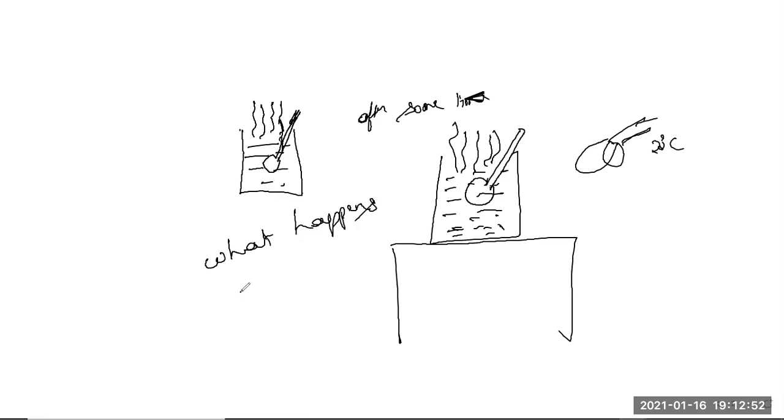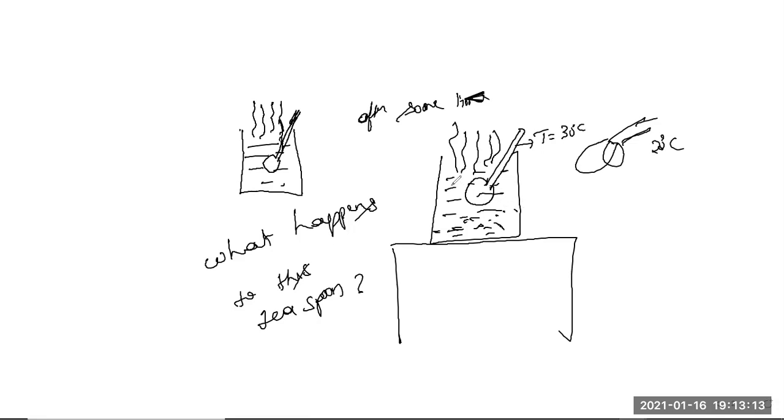It will heat up, so its temperature will increase. It will become more than 20, some 30 or 40 according to the milk's hot temperature.